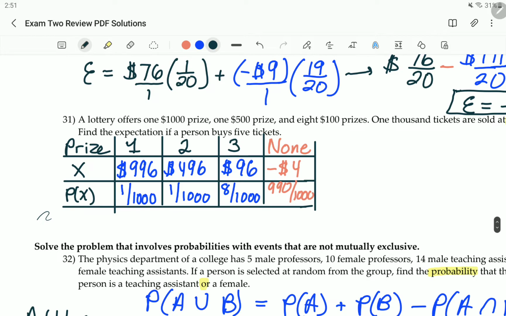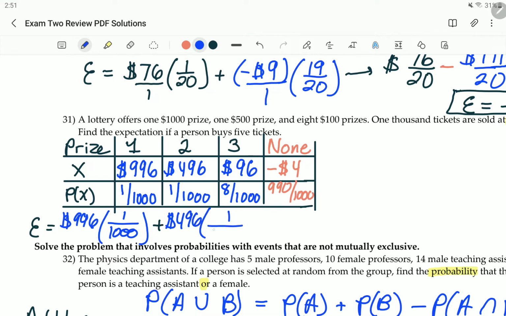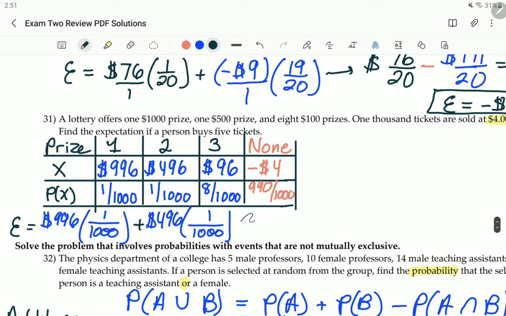So our expected value, E, that is going to equal the first place prize, 996, times 1 over 1,000, plus 496 times 1 over 1,000, plus $96 times 8 over 1,000.